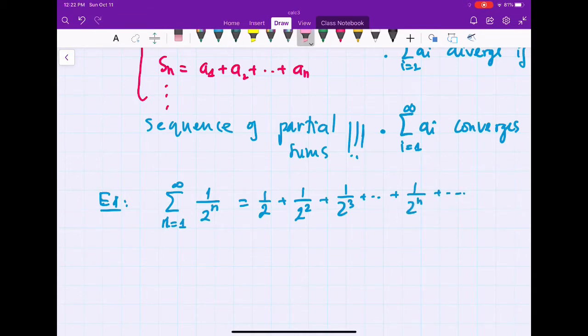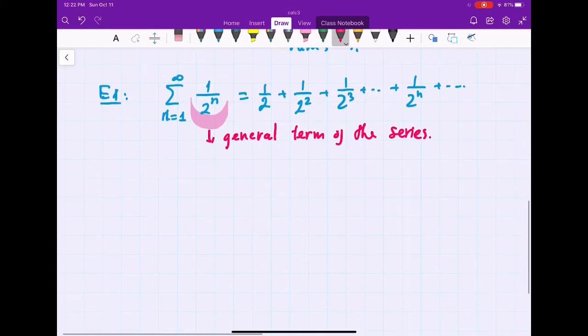The term 1 over 2 to the n is called the general term of the series. Now, let's determine whether this series converges or diverges. And if it is possible, let's find the sum of this. Okay? So look at this.